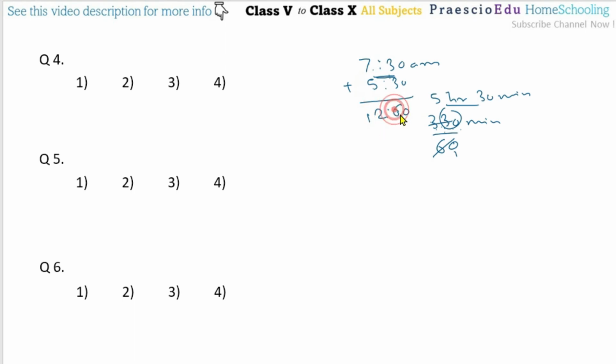But 60 minutes is 1 hour, so we add 1 hour here, and the minutes become 00. So 12 plus 1 is 1 o'clock, and this 00 means 1 o'clock. We can also say 1 p.m., but in the option 1 o'clock is mentioned. So that's why option number 3 is correct.